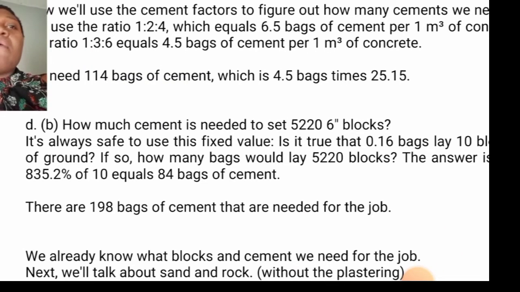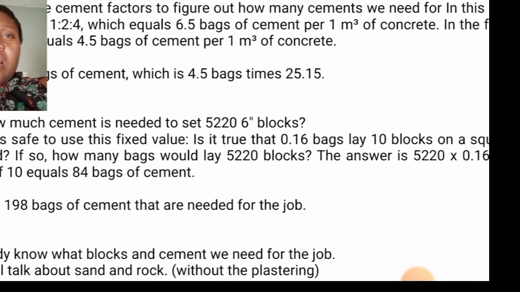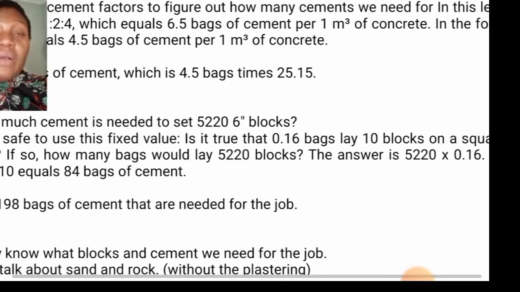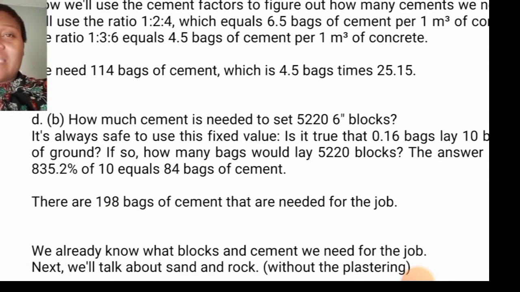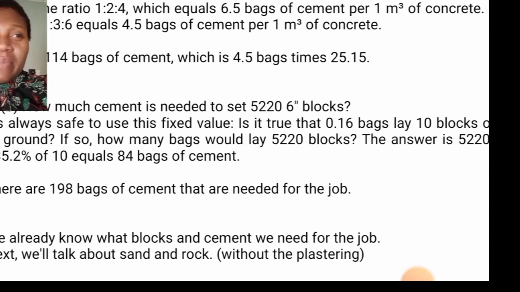If so, how many bags will lay 5,220 blocks, which is the total amount that we got here? The answer is 5,220 blocks multiplied by 0.16 and divided by 10.